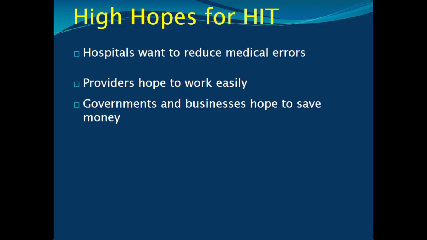Governments and business hope to save money by improving efficiency. According to expert researchers, full implementation of health information technology systems could produce efficiency savings as great as 100 billion per year after a 15-year adoption period.